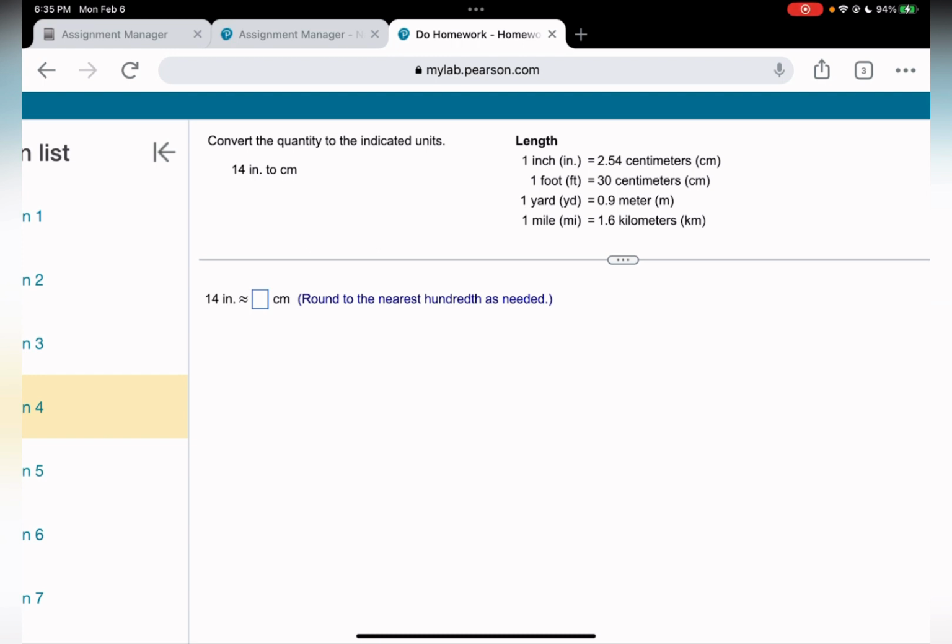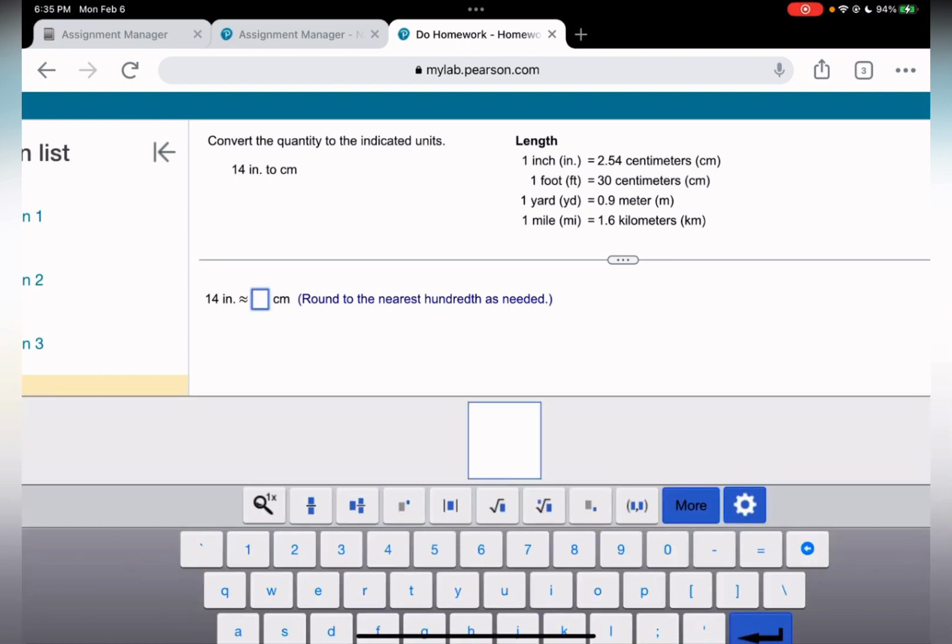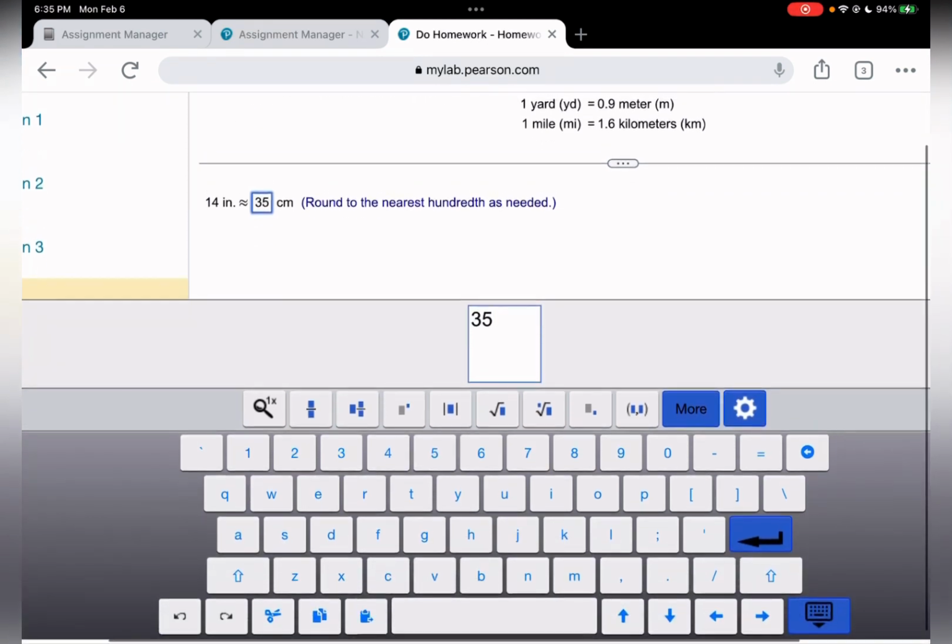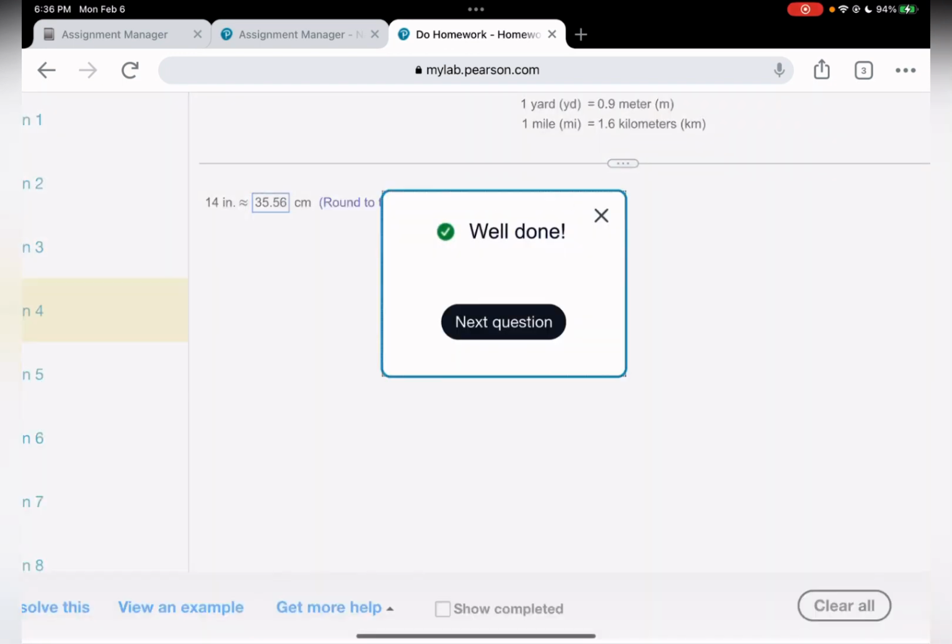And we are going to get 35.56, since it says round to the nearest hundredth, meaning 2 digits. Well done.